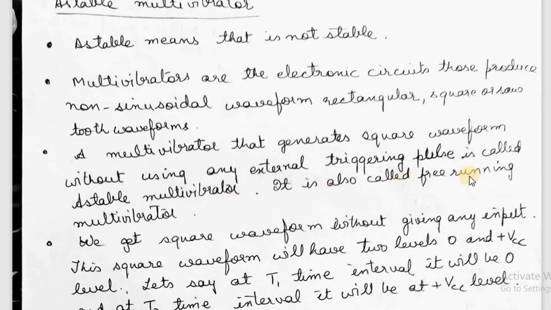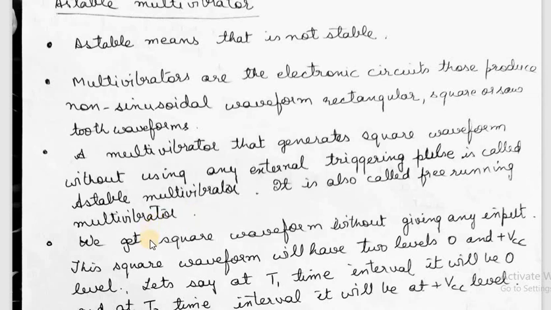It is also called free running multivibrator. Why is it called free running? Because both the states of the multivibrator are not stable. It automatically switches from one state to another state after a certain time. So it is also termed as free running multivibrator.